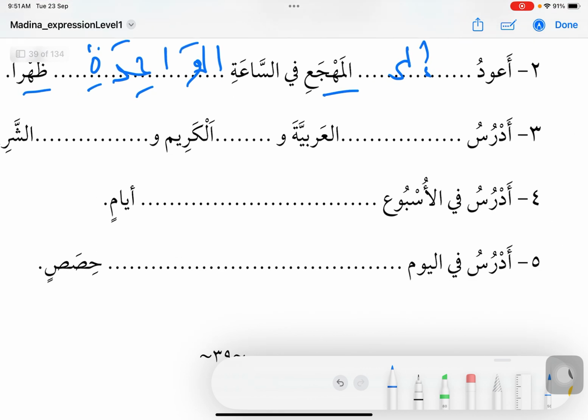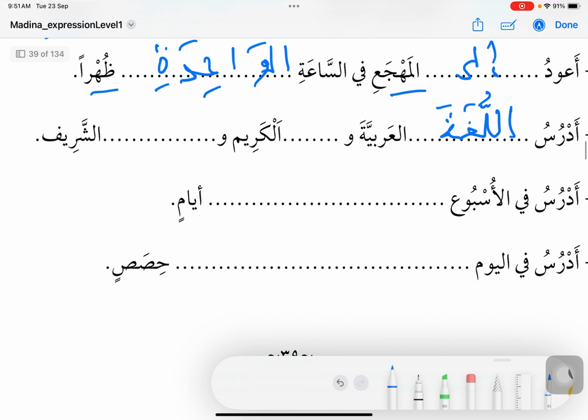أدرس blank العربية, so you could say أدرس اللغة العربية والقرآن الكريم والحديث الشريف.